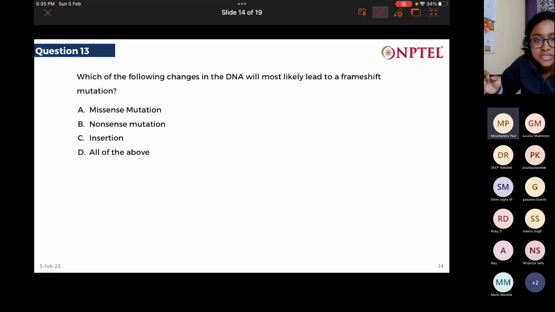So let me give an example. Say this is your sequence, and I have inserted a base pair here.